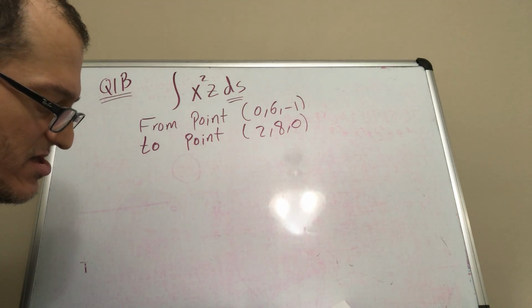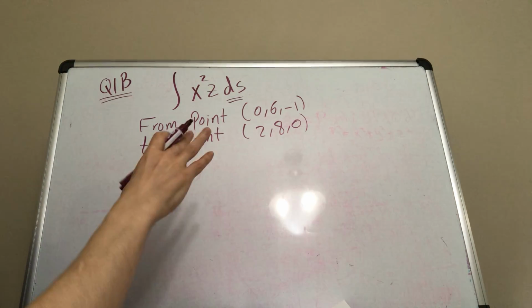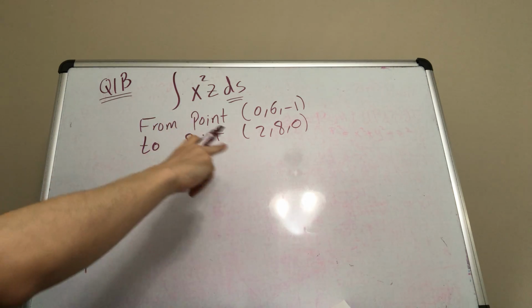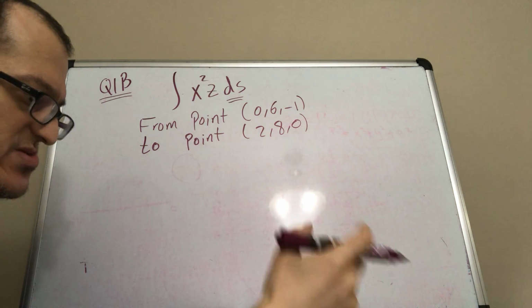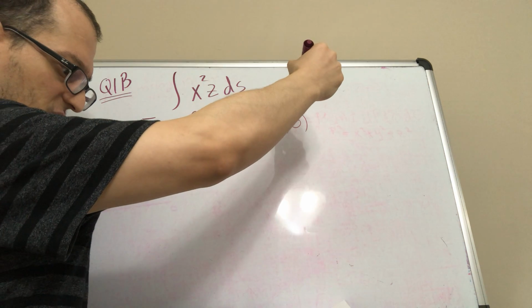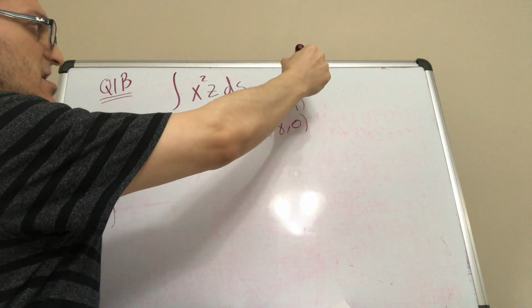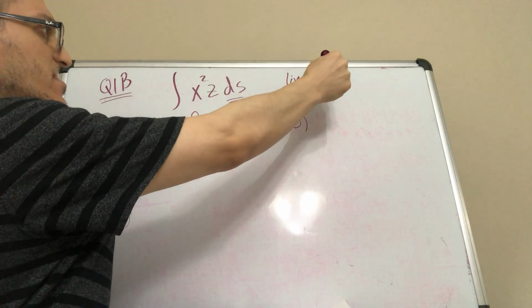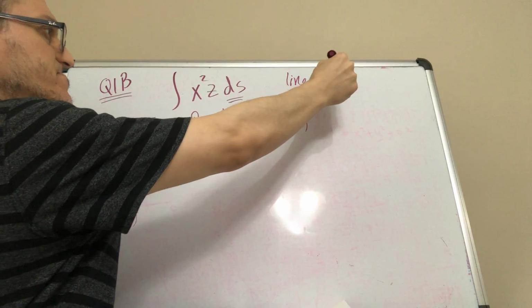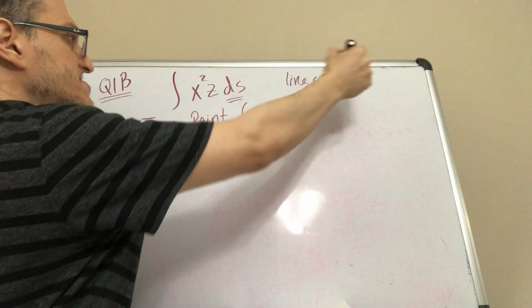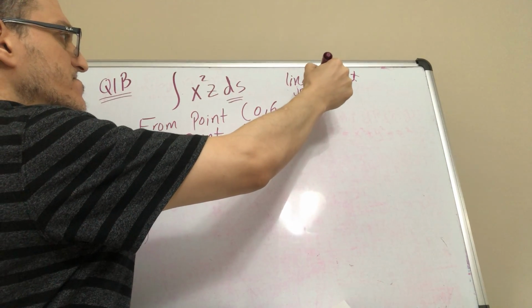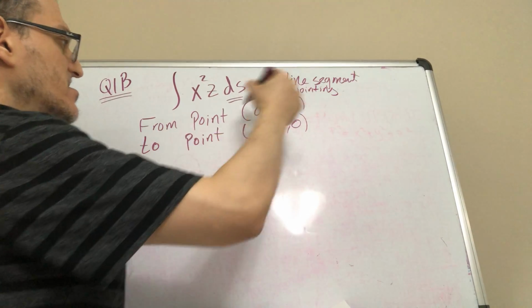Now, in order for you to know, it's a line segment, so evaluate the integral where the curve is a line segment joining the 2 points.